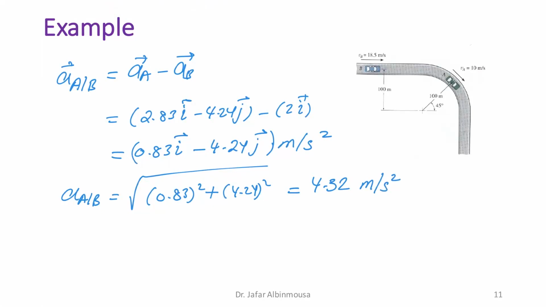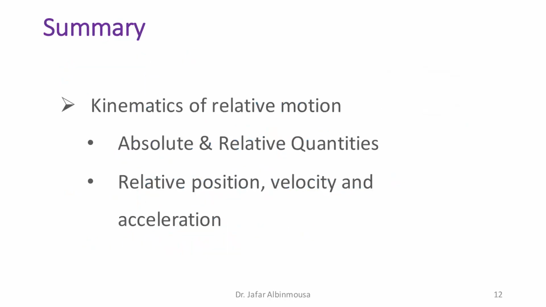Now, if I want to get the angle, which I'm going to call beta, then it is the tan inverse of 4.24 divided by 0.83, and this is going to give me 78.9 degrees.